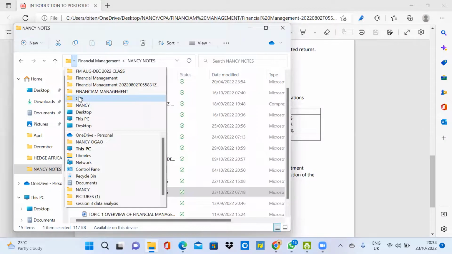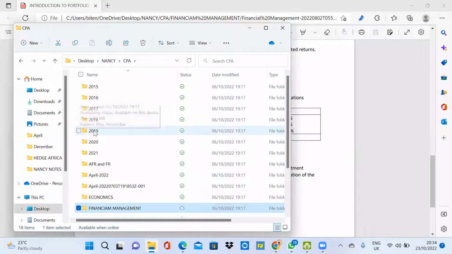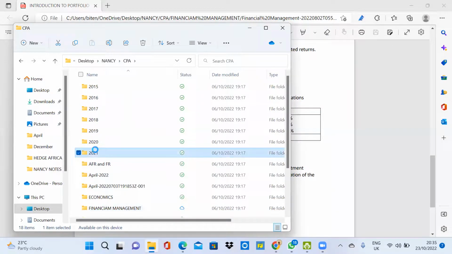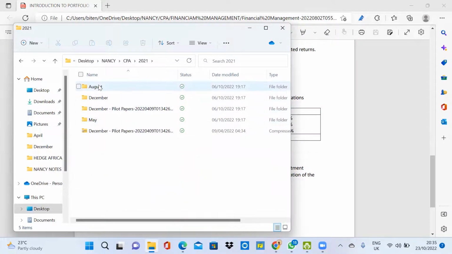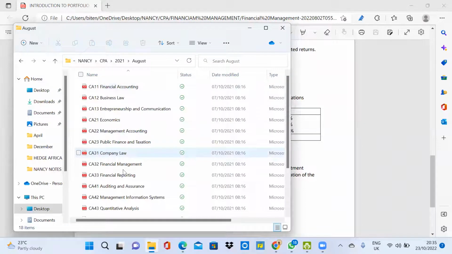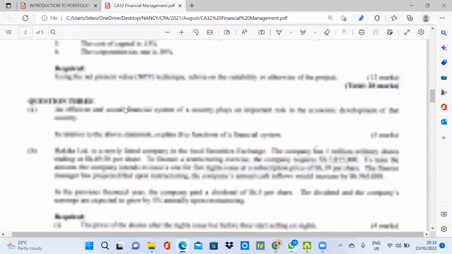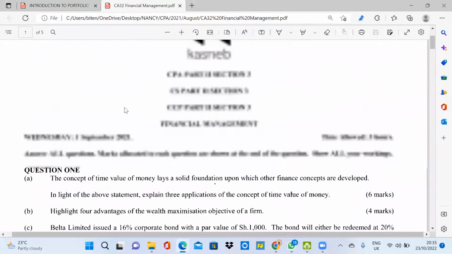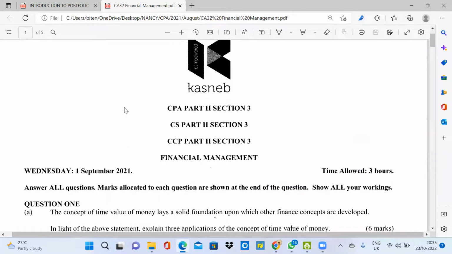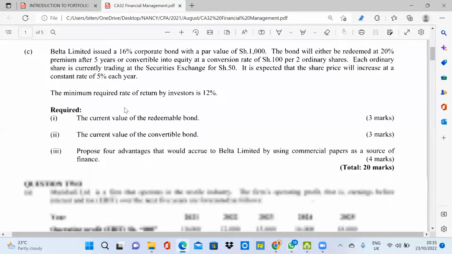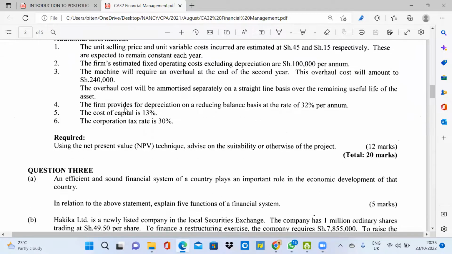CPA, August 2021. So you can do this sitting. It is the September 2021, question 3C.